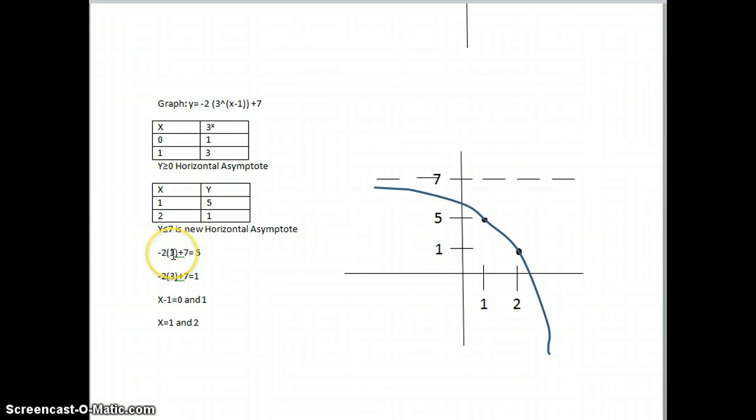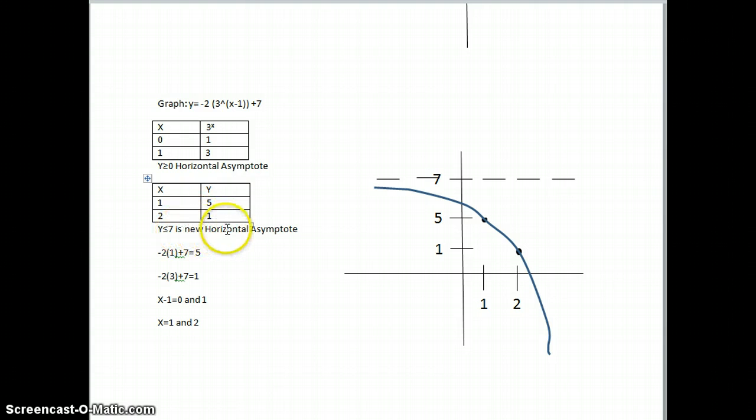So negative 2 times 1, negative 2, plus 7 equals 5. That's how you get 5 right there. And then you're going to do the exact same thing for your 3. Negative 2 times 3 plus 7. Negative 2 times 3 is negative 6, plus 7 is 1. That's how you get your 1. Bing, bang, boom. Easy as that.